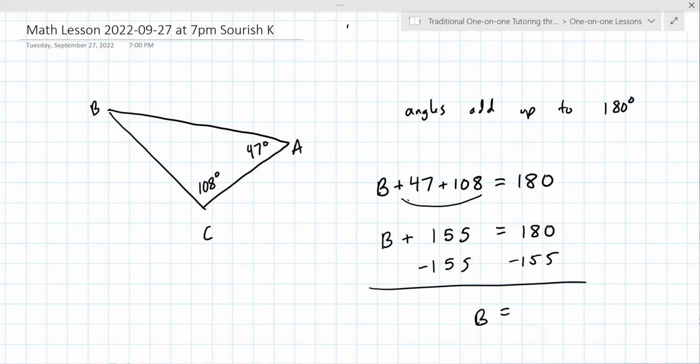Okay. So now what I'm gonna do is just gonna be doing this. Yes, you're going to subtract for us.